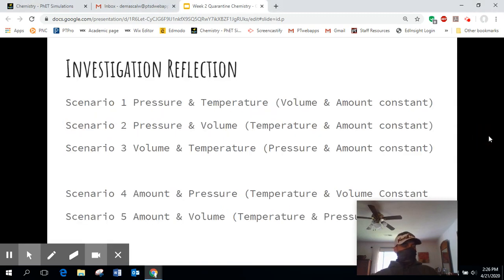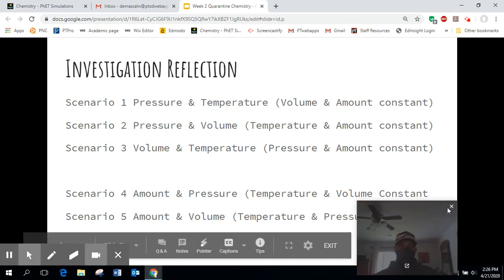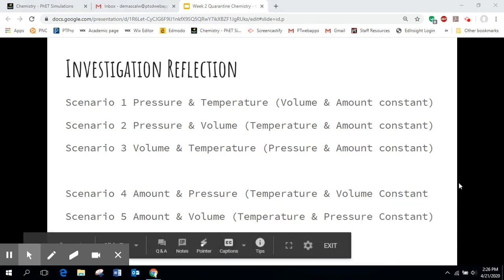As far as the reflection on our investigation, we're going to go through the 3 scenarios you all went through. Pressure and temperature with volume and amount constant. Pressure and volume with temperature and amount constant. The last one I asked you to do was volume and temperature with pressure and amount constant. And then we're going to take a look at 2 additional scenarios.